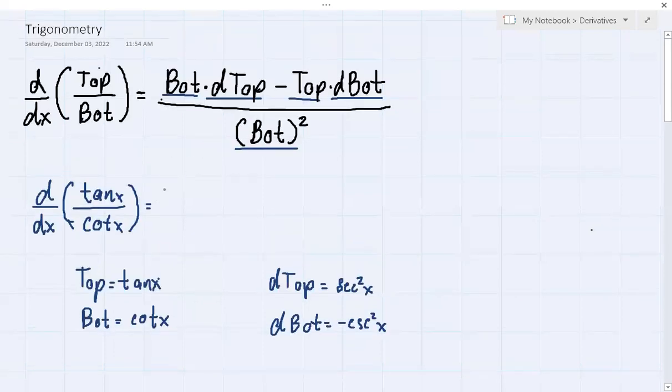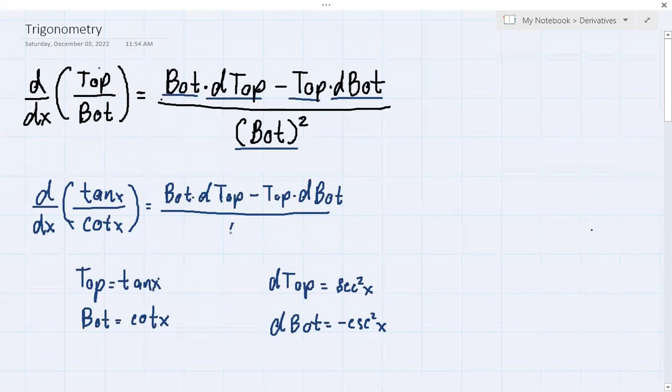Now, let's simplify. We will now substitute it in this formula. So, bot d top minus top d bot all over square ng bottom or bot squared. So now let's simplify. Bottom, which is cotangent x, times d top, which is secant squared x.